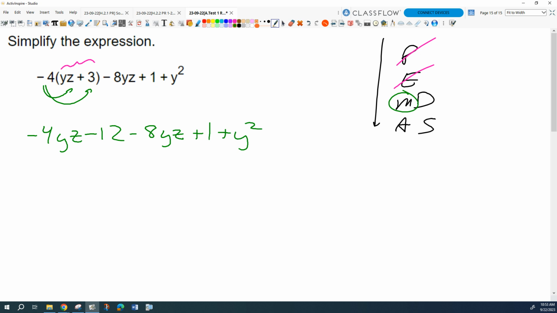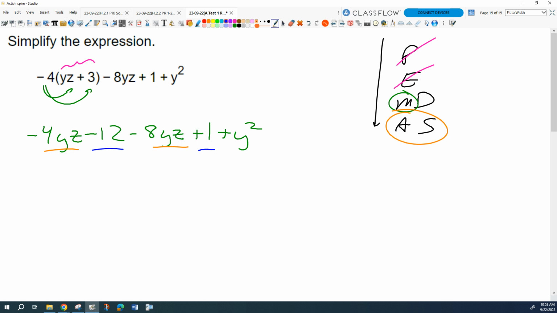Okay, well now, what do I have to do to simplify? Combine like terms, which is just adding and subtracting, right? So this stuff is last. If I combine like terms, do you see any like terms there? Oh, okay, yeah, those two are like terms, aren't they? Any other like terms? -12 and 1. And then the y squared is just a lone wolf. It's out by itself.